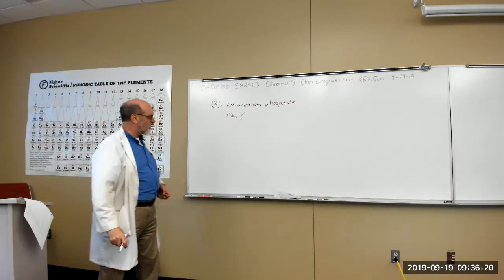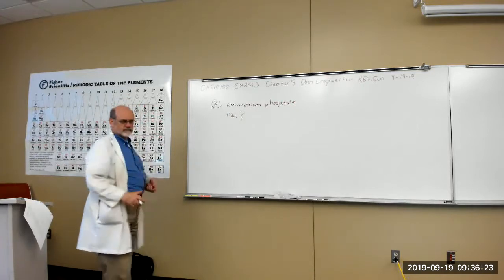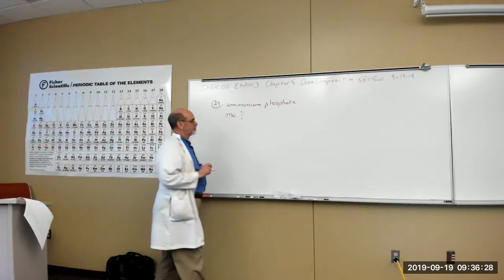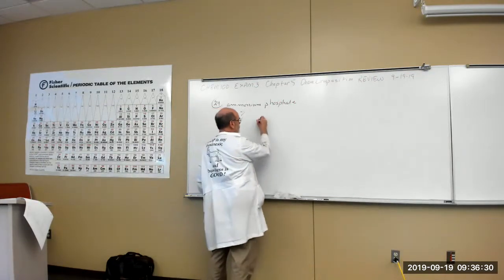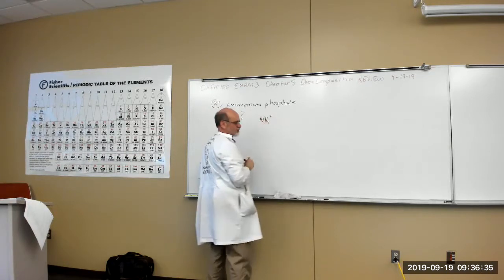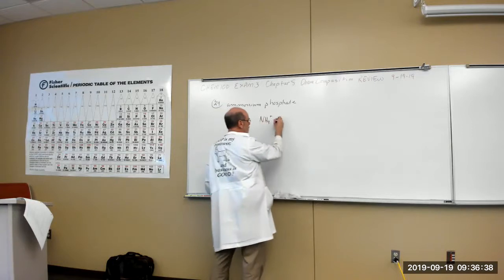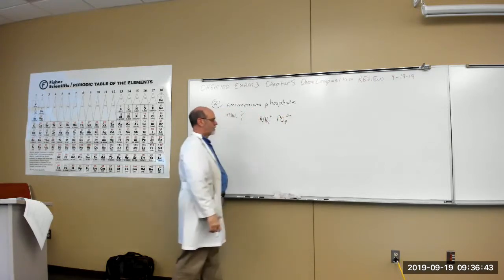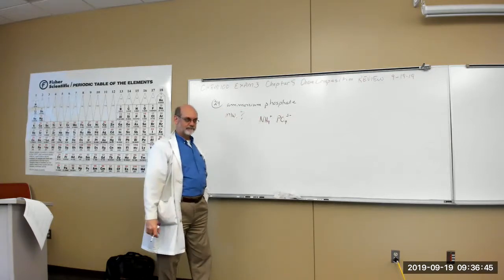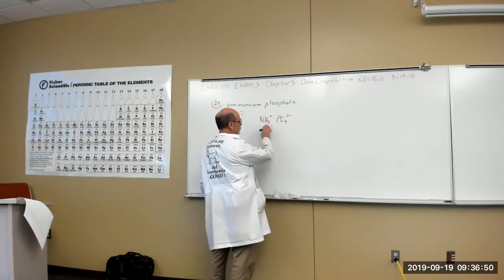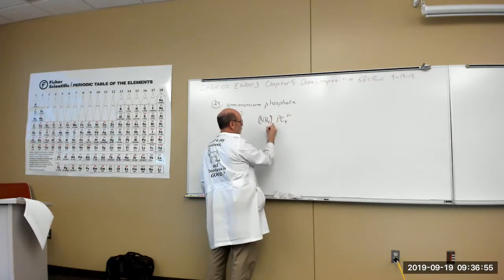Is ammonium or phosphate anywhere on that periodic chart? Nope. They're both polyatomics. Ammonium is NH4 with a plus charge. Phosphate is PO4 with 3 minuses. Okay. So all we have to do is balance the charges. We need 3 of these to balance those 3, don't we? So that means we need a parenthesis.